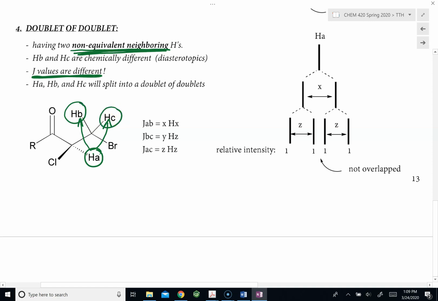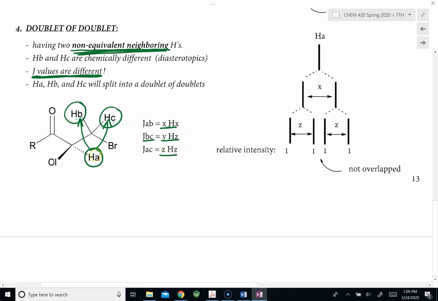And the reason why is as follows. One of them is closer to the chlorine compared to the other. So this HB and this HC would not be chemically equivalent. And now, let's say the communication between A and B, we call that the X J value, and between A and C, a Y J value, and from here to here, a G value.